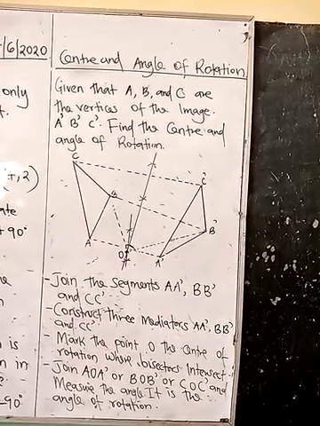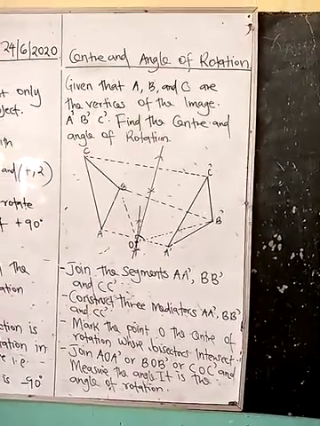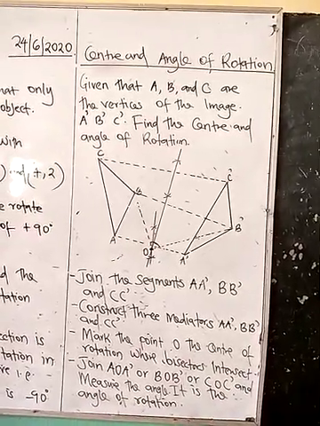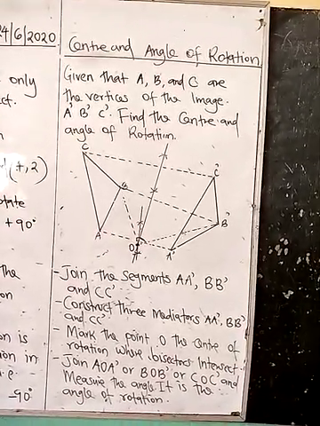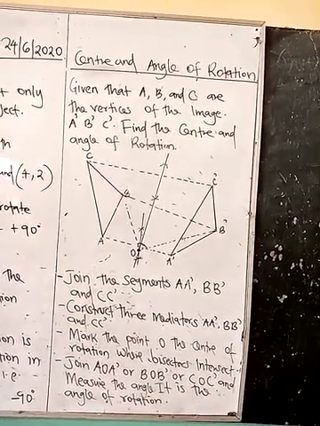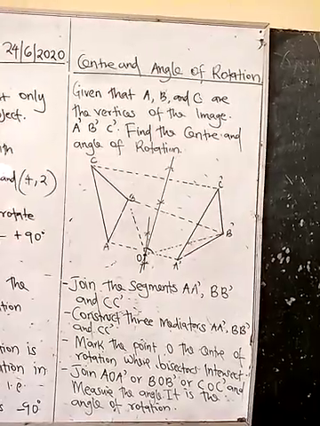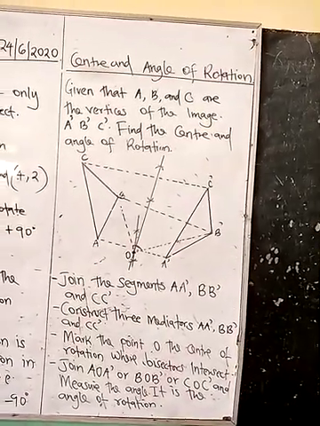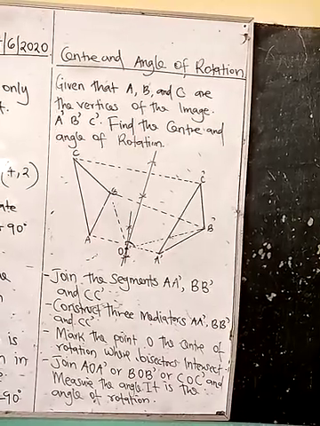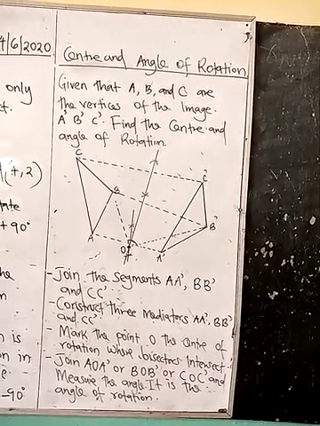Remember, in this topic, we have been looking at what a rotation is. We have seen how we can rotate an object through 180 degrees, through negative 180 or positive 180, through positive 90, through negative 90.